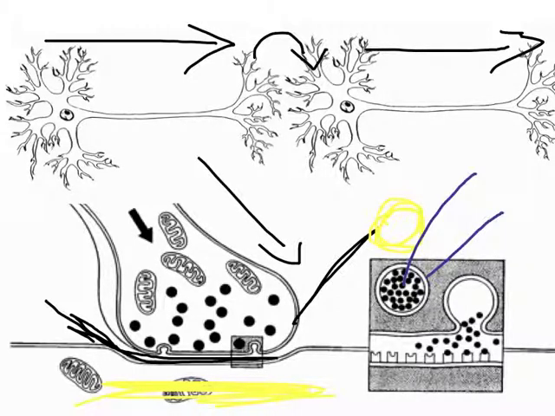It will become depolarized, and the signal will travel along the entire length, just like we talked about before. If it's a muscle cell, guess what? That muscle cell will also depolarize and it will contract. Depending on what type of cell it is, it's going to cause some sort of change in that postsynaptic cell.